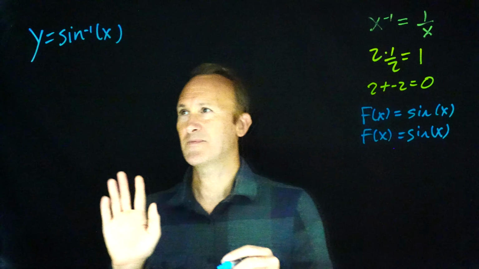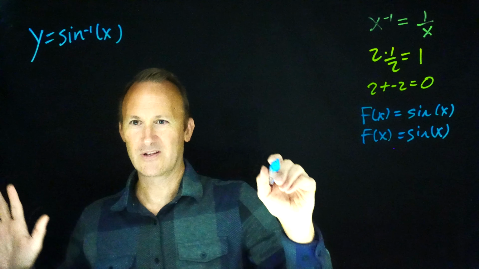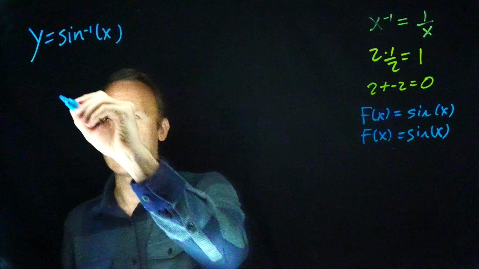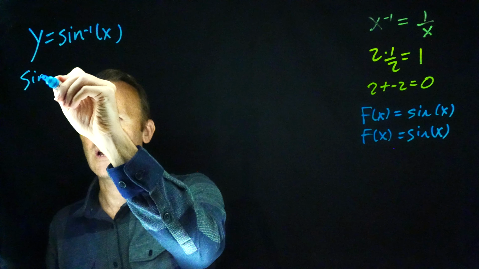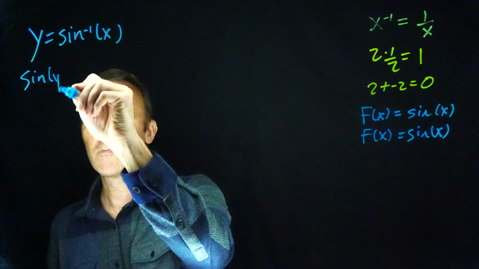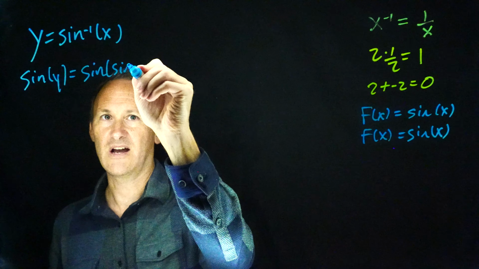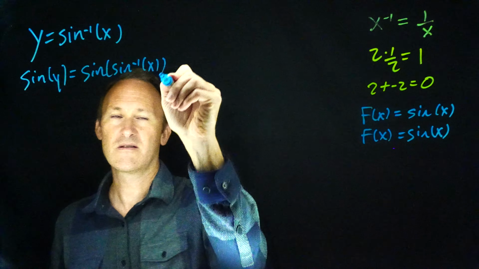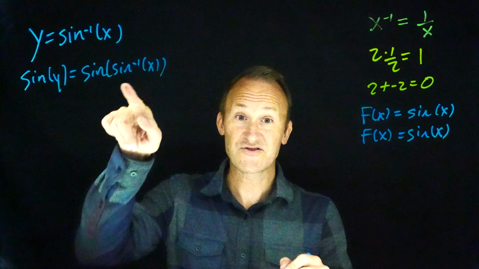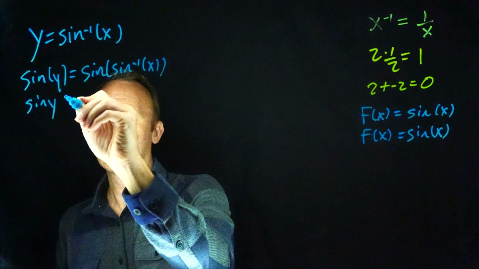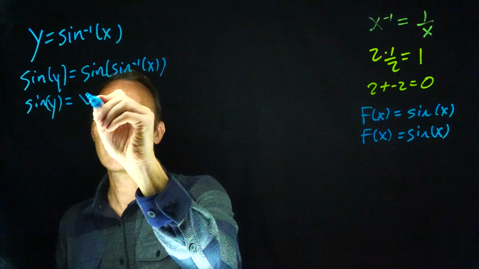I'm just going to draw this out a little bit. If you take the sine of both sides, you have the sine of y equals the sine of the sine inverse of x, that's just x. So basically what this means is sine of y equals x.